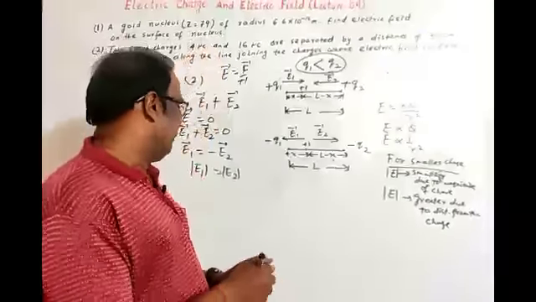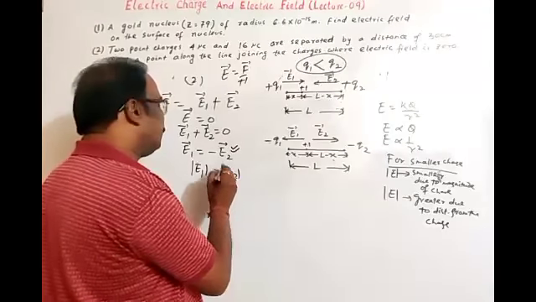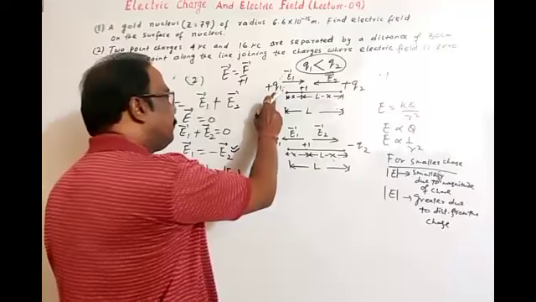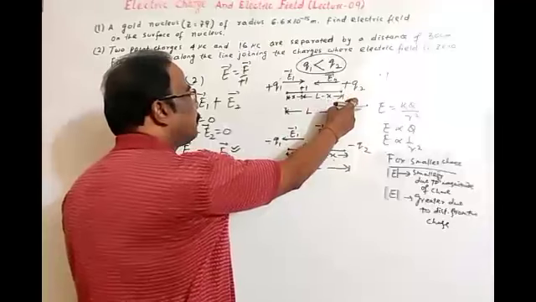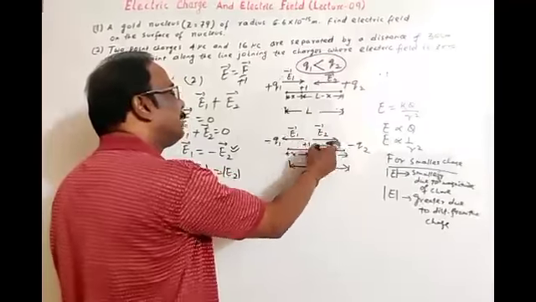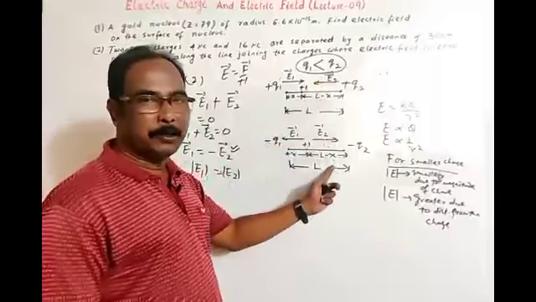Then here the directions are opposite. The only condition is the magnitude of E1 must be equal to the magnitude of E2, means the magnitude of electric field due to plus Q1 must be equal to the magnitude of electric field due to plus Q2, or in case of minus Q1 and minus Q2, these are two similar types of questions.